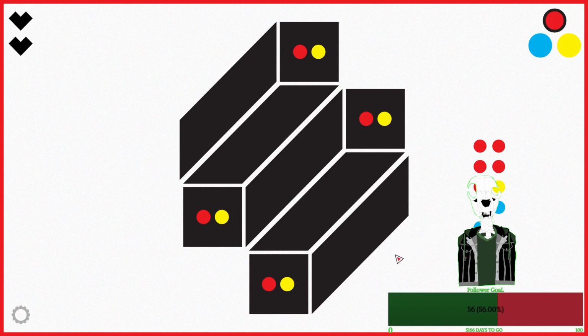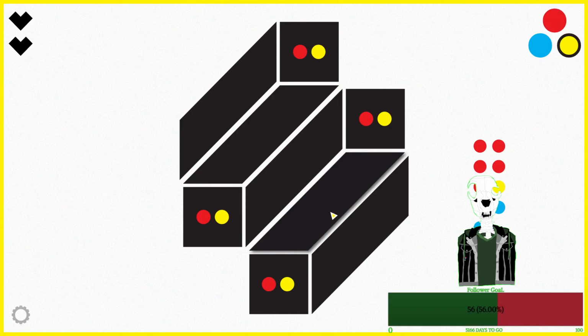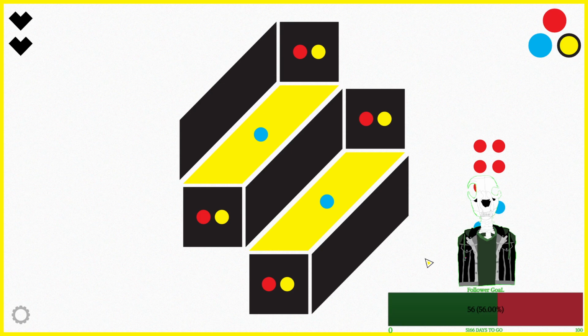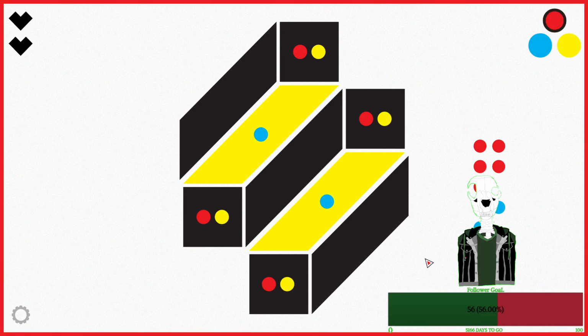So is there a way to get everything with two yellows? One, two. Then I assume these two have to be the two yellows. And then with 2, 4, 5 reds. 1, 2, 3.